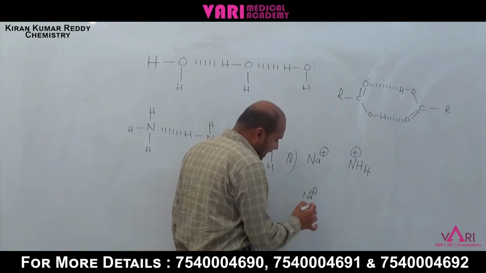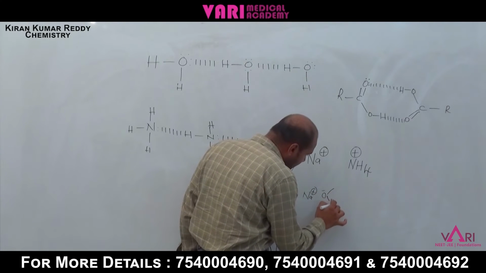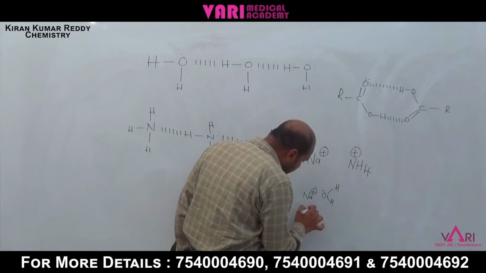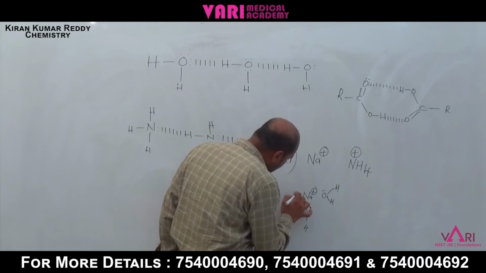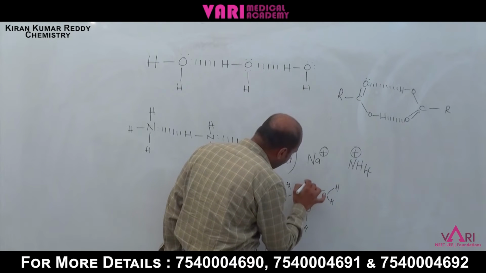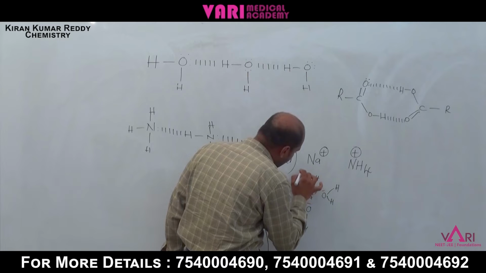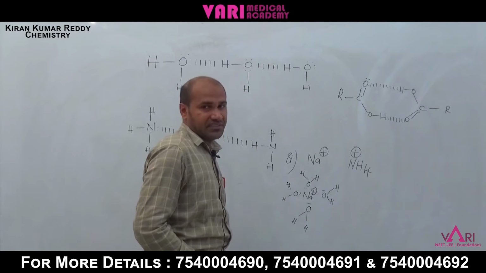Ion dipole interaction. The ion is plus, and the oxygen end is the negative pole, again with hydrogen. Here also minus, here also minus hydrogen. Here ion dipole interaction is present.